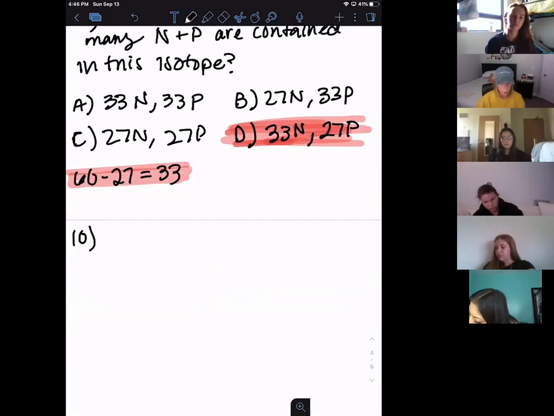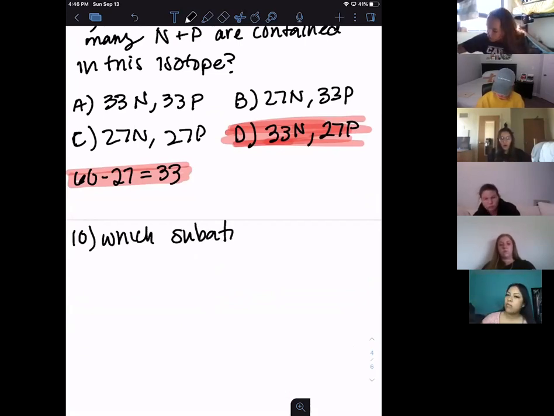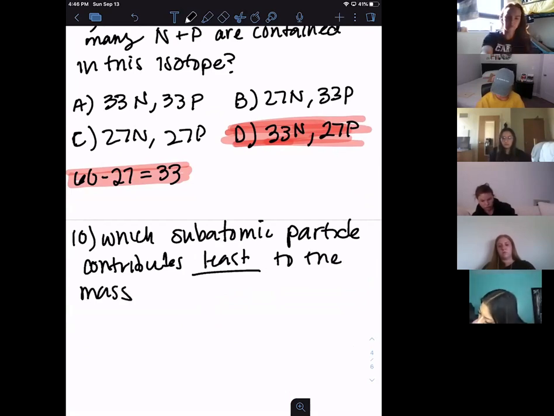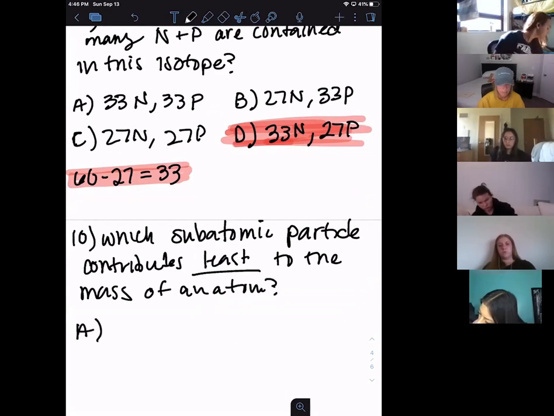Ten. Which subatomic particle contributes least to the mass of an atom? Is it the neutron?